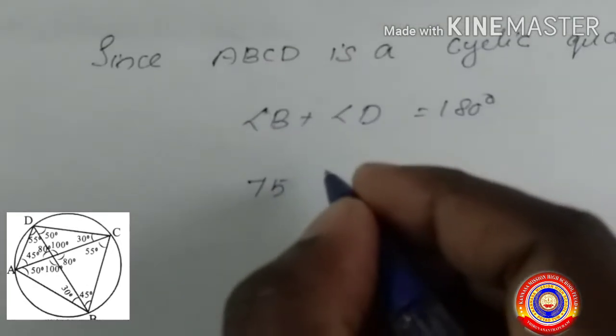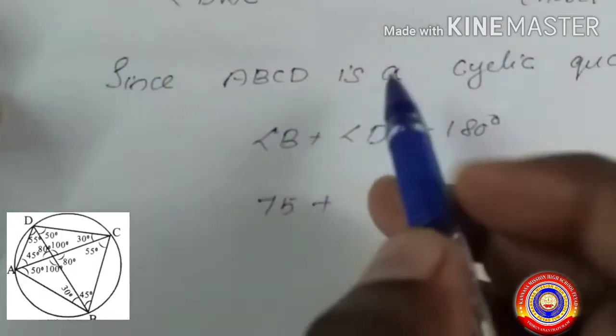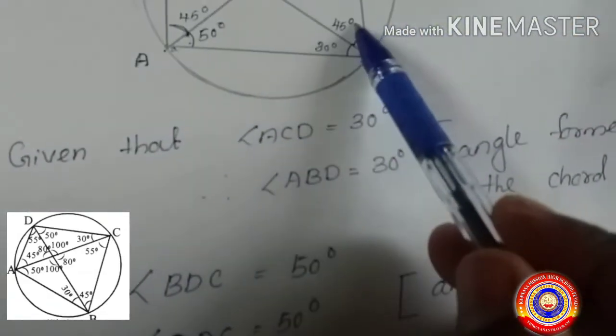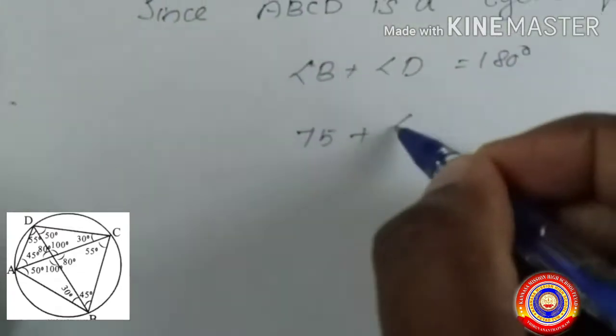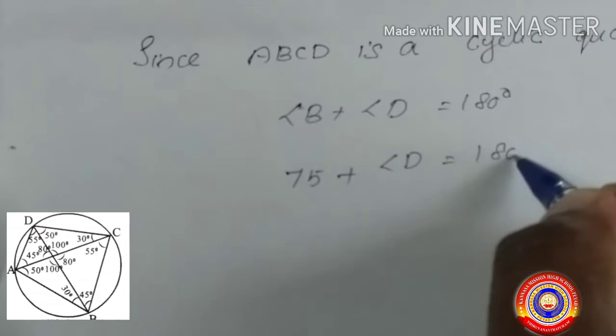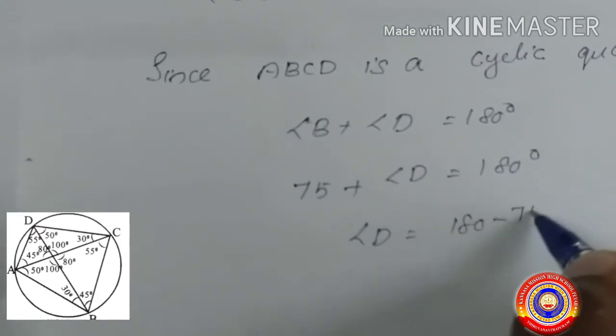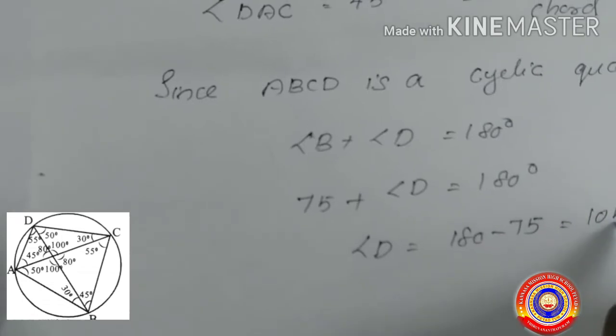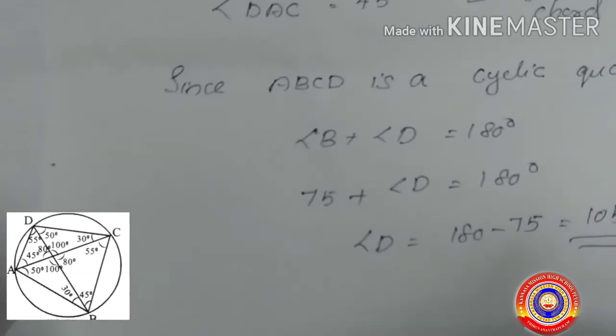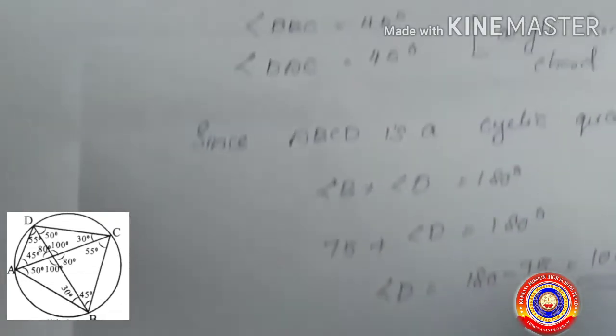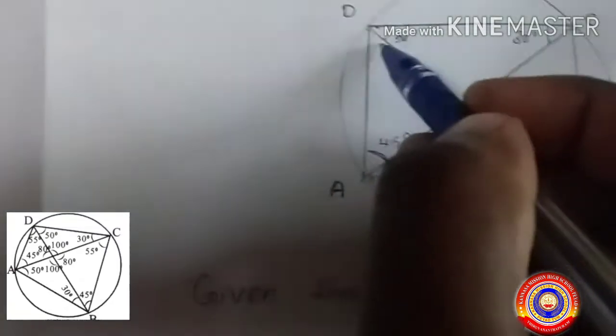But angle B is given as 75 degrees, that is 45 plus 30. So 75 plus angle D equals 180 degrees. Therefore, angle D equals 180 minus 75, which equals 105 degrees.